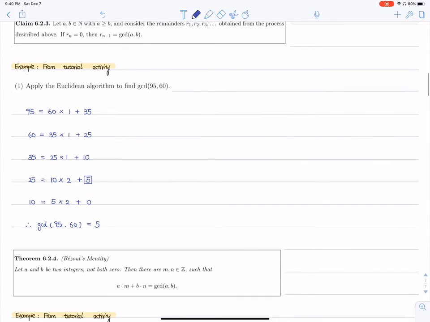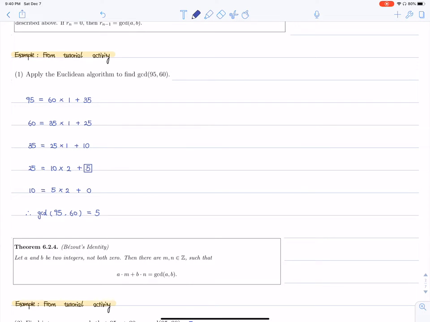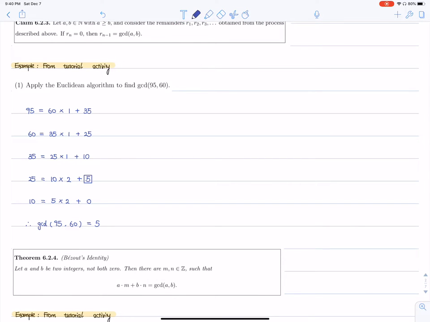And this is the only GCD question we'll do. But please make sure you understand this, make sure you know how to do this. Do not waste your precious exam time on this type of question. Anyway, whenever they ask you to use the Euclidean algorithm to find the GCD of two numbers, you pick the bigger number.